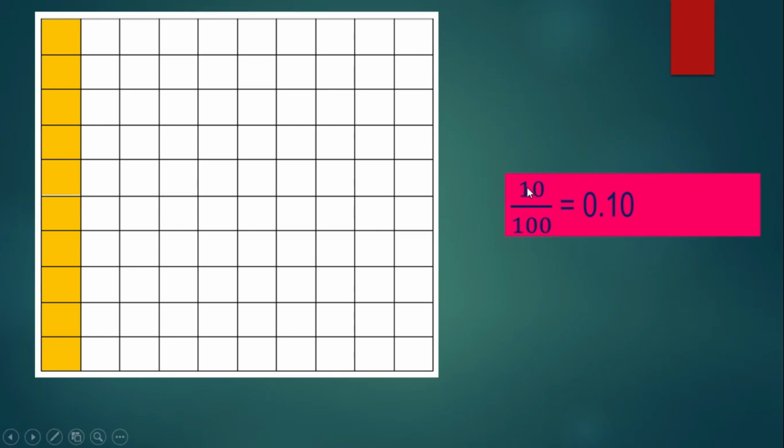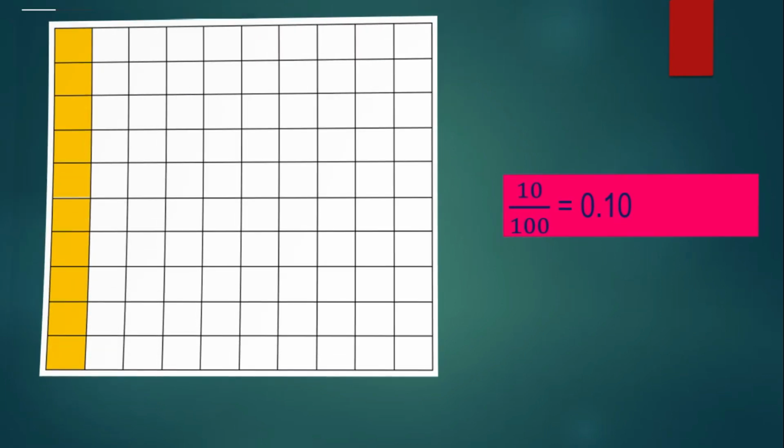Here 10 by 100. 100 are the number of total squares and 10 is the number of squares which are colored. But children, you can see here that this represents a single strip with 10 squares. So this one is to be written at the 10th place.